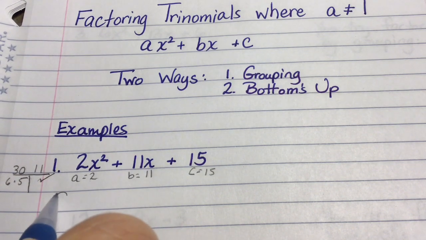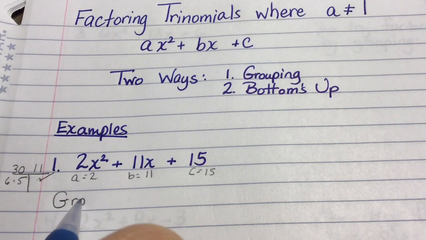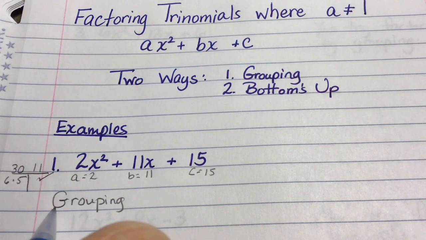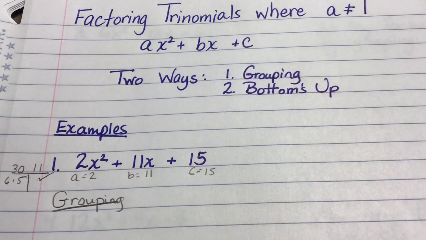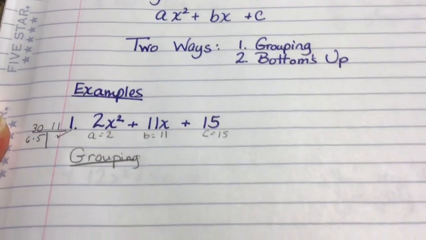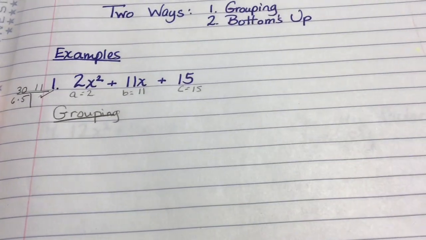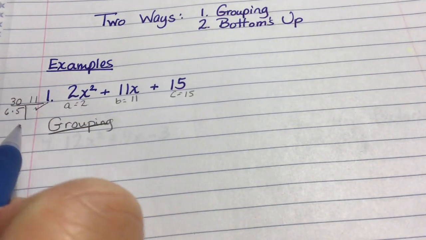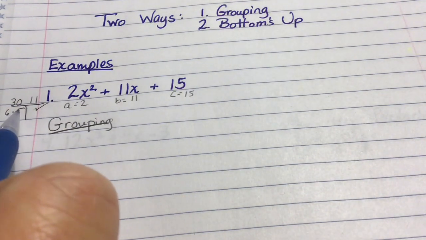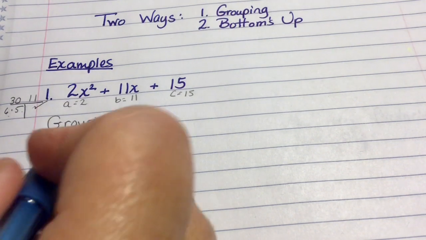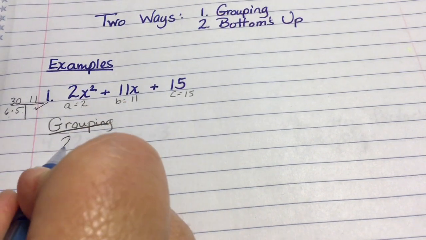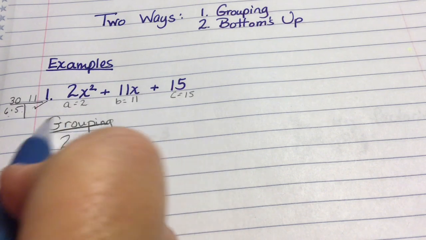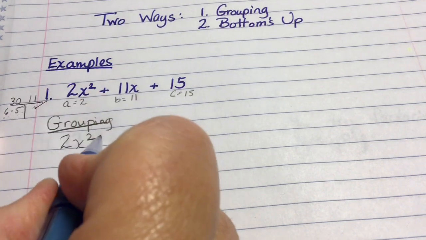So if you're going to factor by grouping, you are going to replace that middle term, 11x. You're going to replace 11x with a 6 and a 5. So you're going to keep your first term, 2x squared. You're going to replace 11x with 6x plus 5x.